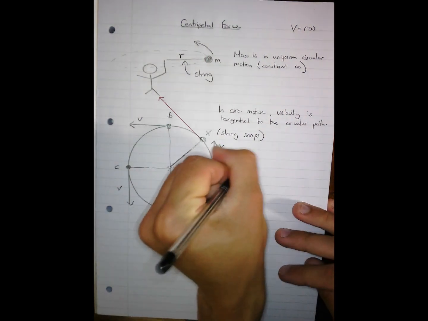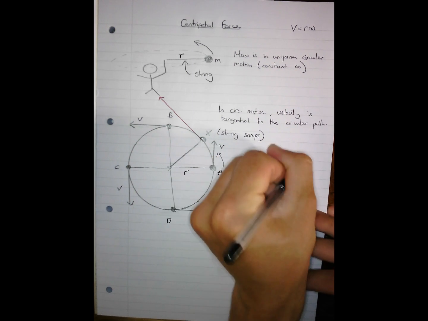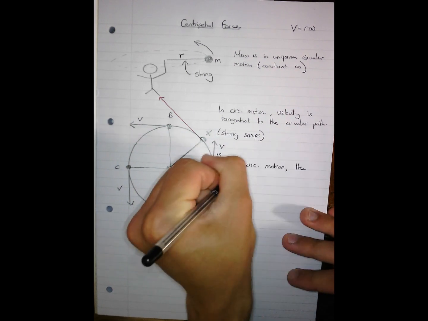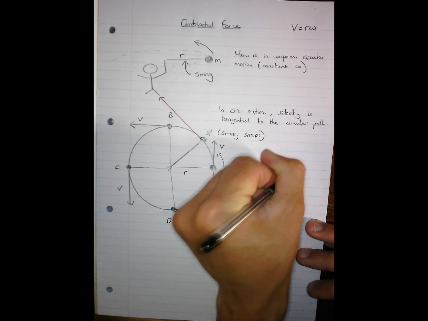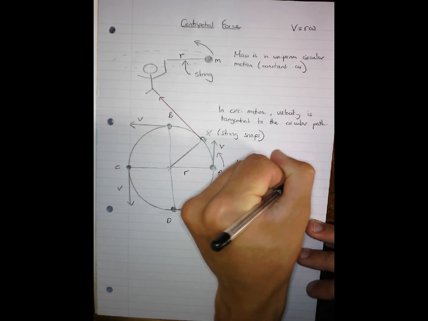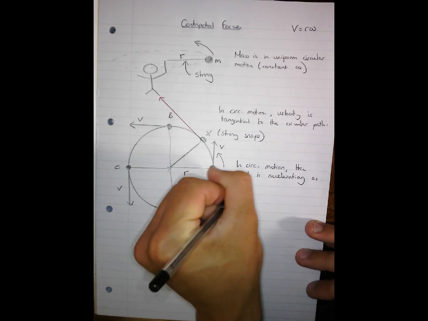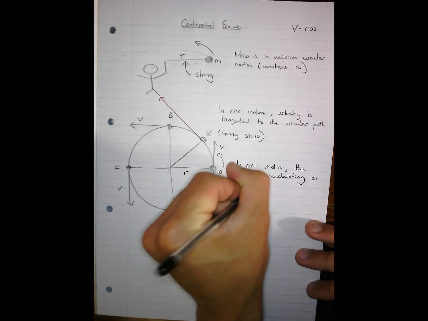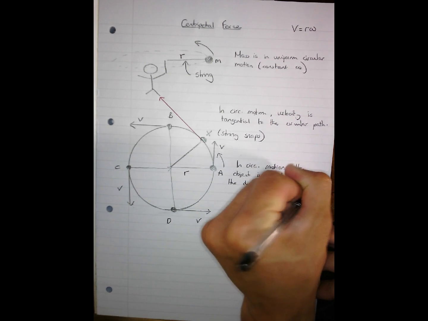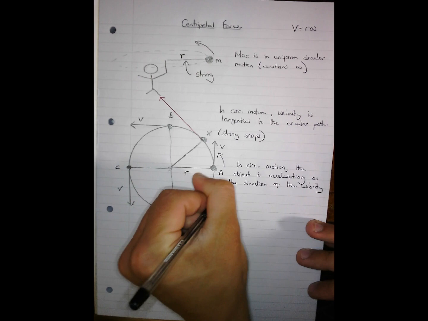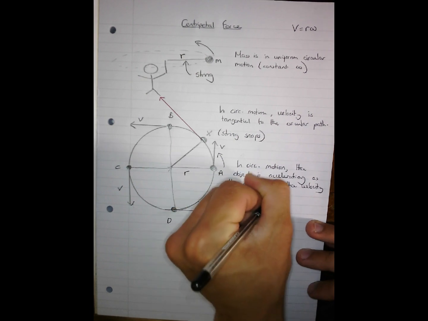So in circular motion, the object is accelerating as the direction of the velocity is constantly changing.